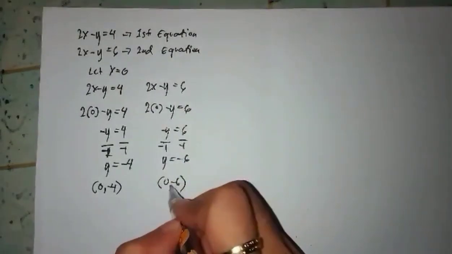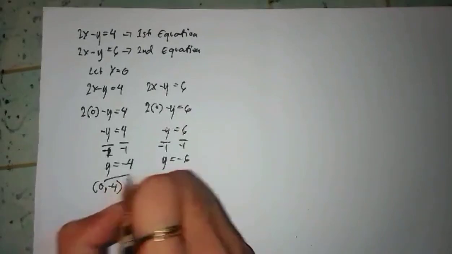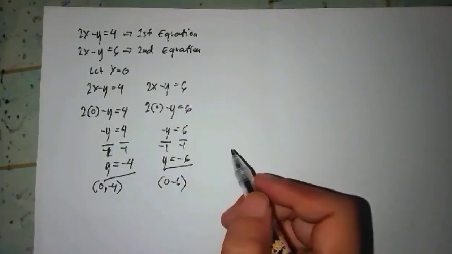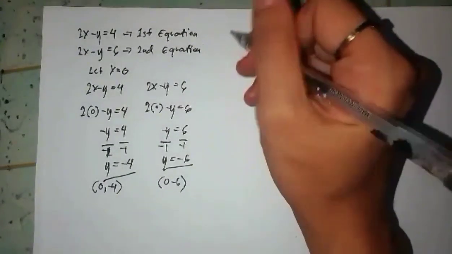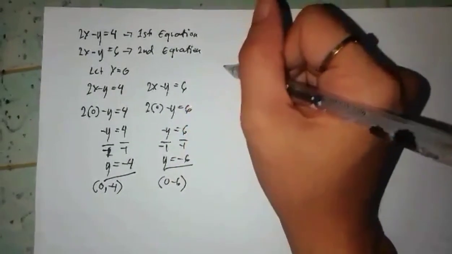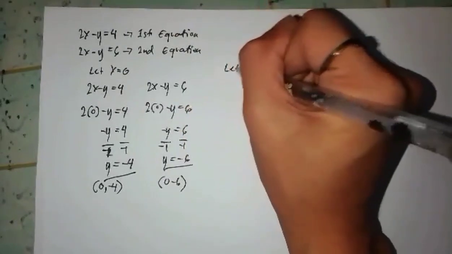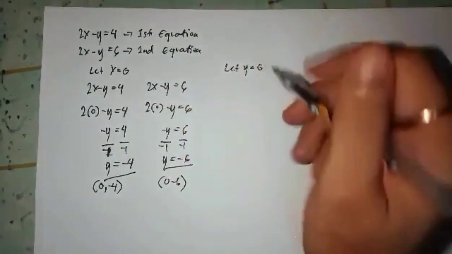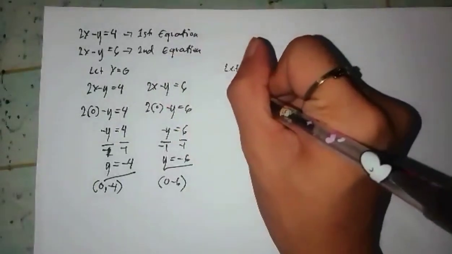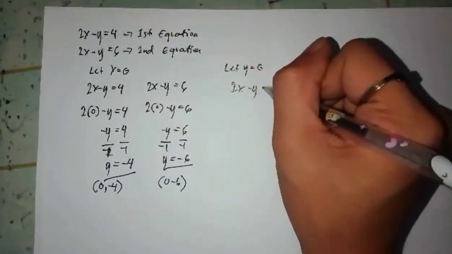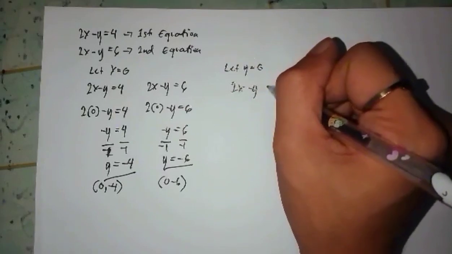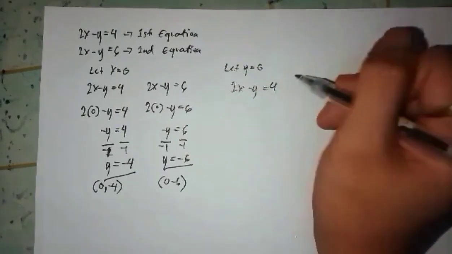Money ang y niya. And then, second, money ang y. So, pangitaon na po na to ang x. So, let y be 0 na po. So, sa first equation ta, 2x minus negative minus y equals 4.